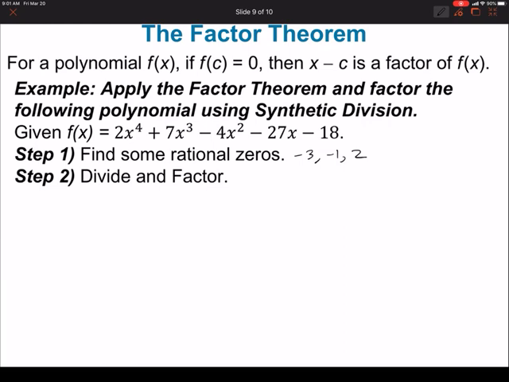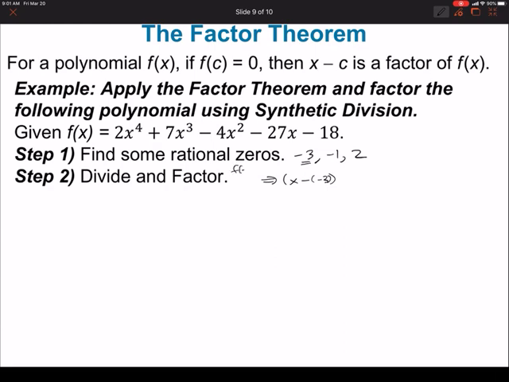So let's start with -3. If -3 is a zero, then we know it's going to have a factor of x minus -3. So with that said, let's go ahead and start dividing. We know that's one of the 4 linear factors based off the factor theorem, because f of -3 would equal 0.